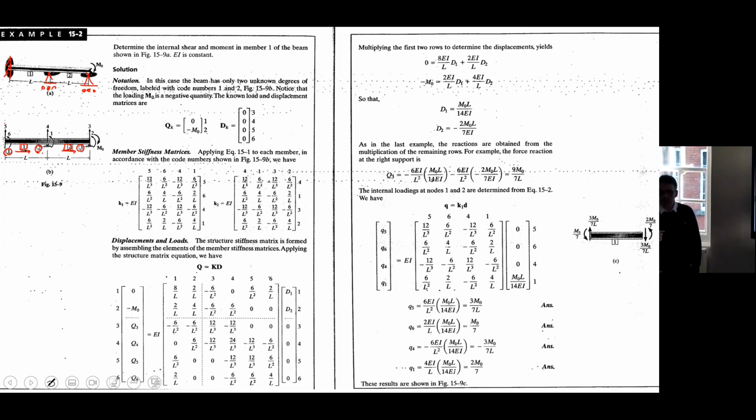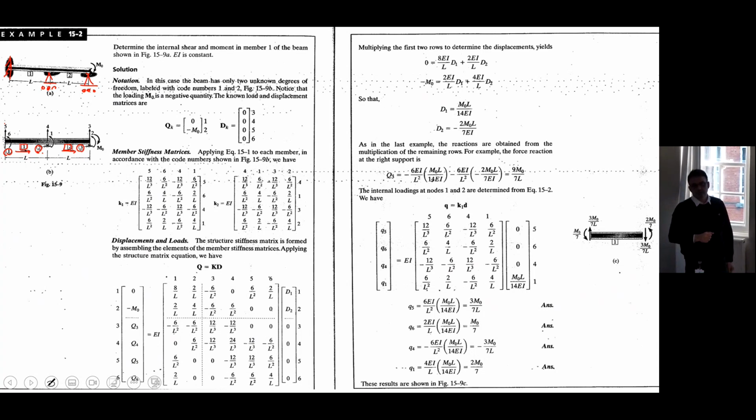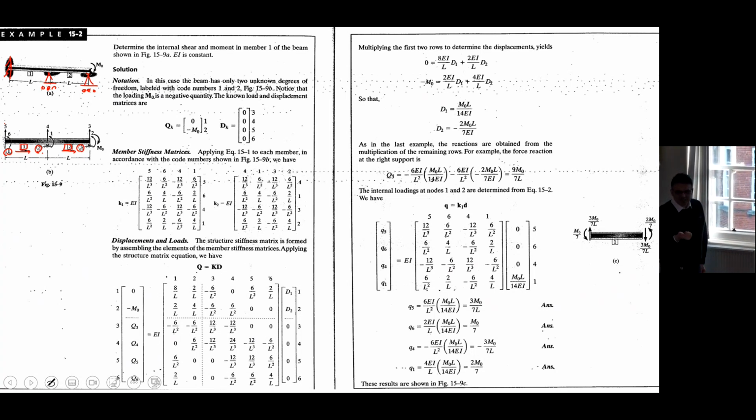Number 1 is rotation. It rotates at that point, right? The right-hand side roller means the deformation along which degree of freedom is 0? Say it. 3. Good. 3 is fixed. What about 2? 2 is free, can rotate, right?